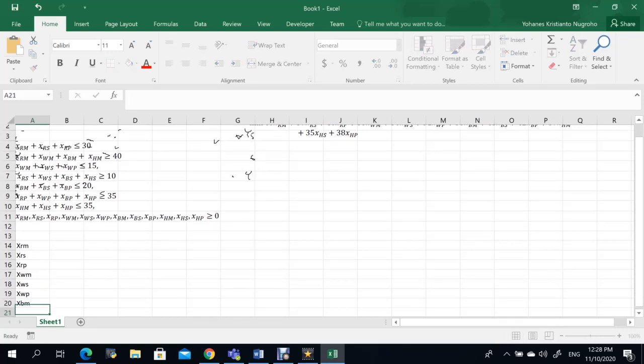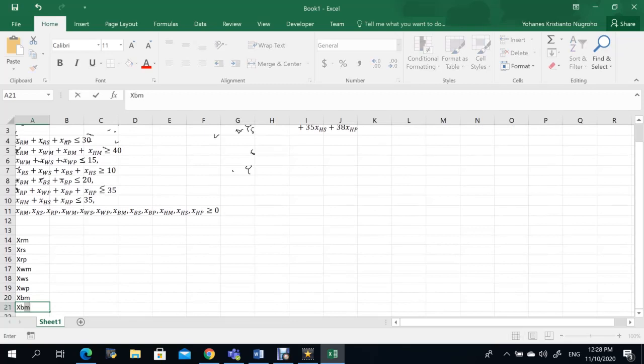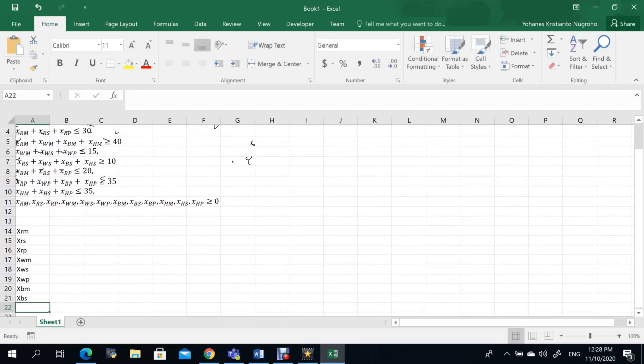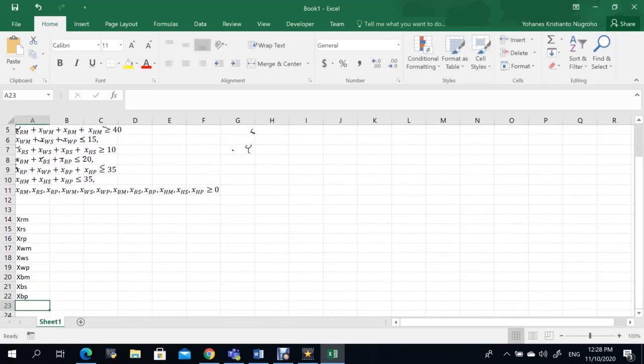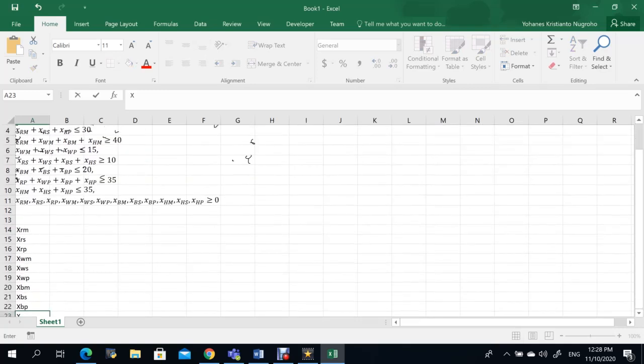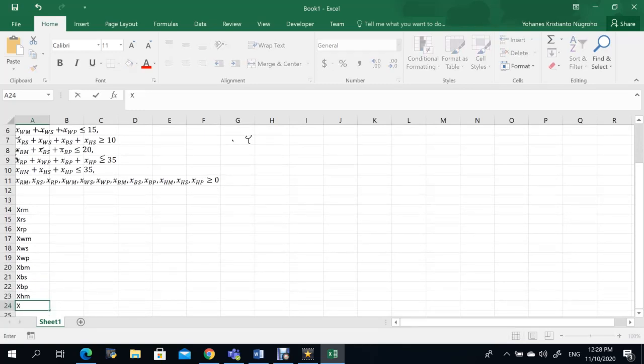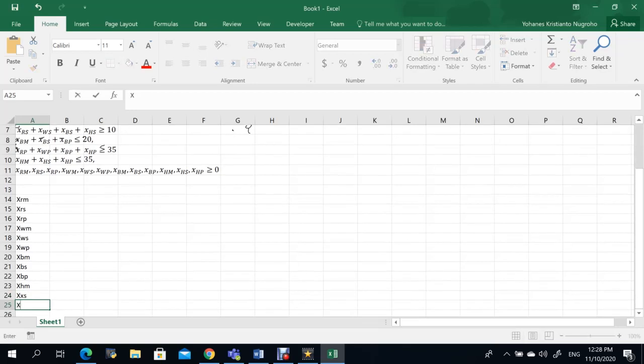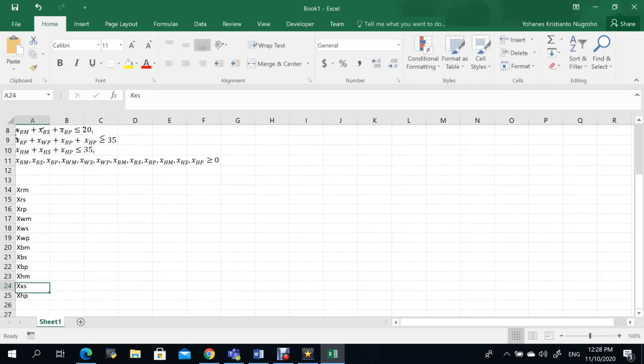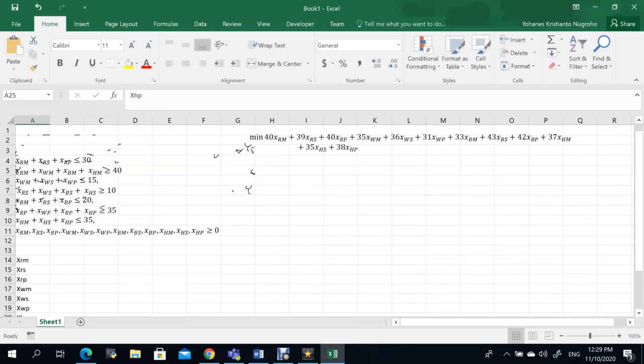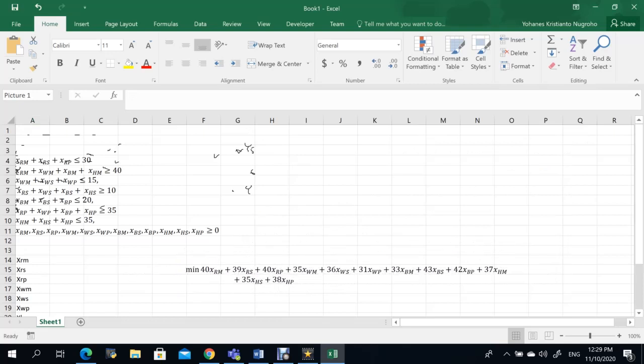H, B, XBS, XBB, and we have XHM, XHS, and then XHP, right? These are the variables, and then we have to compose our objective function.